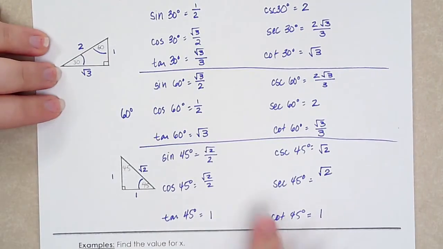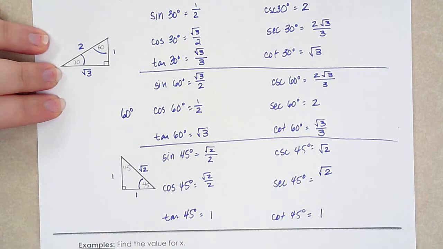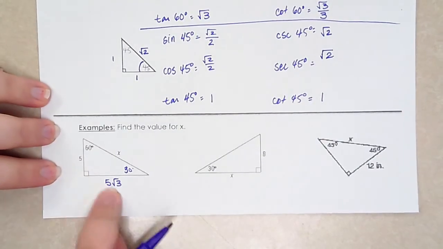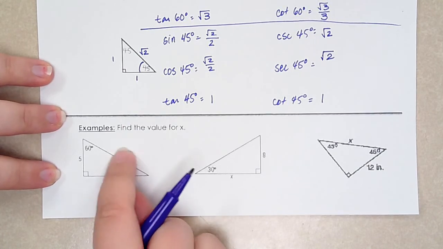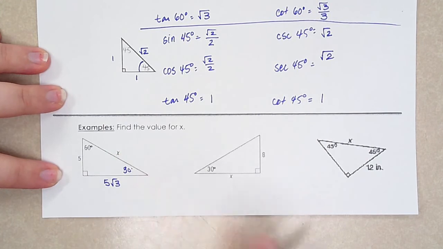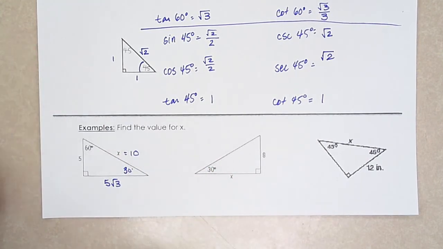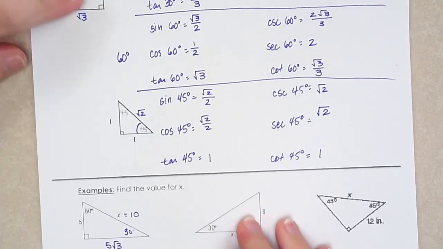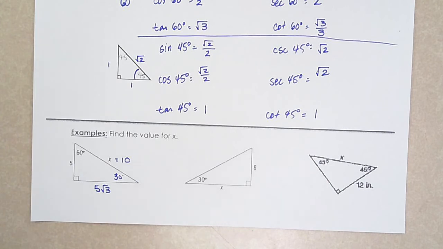Look back up here if you need to. My smaller side is 1. My bigger side is 1 times root 3. So if I start down here at 5, I just go to 5 root 3. And then my x, my hypotenuse here, is just going to be twice the length of my first side, meaning this is going to be 10.